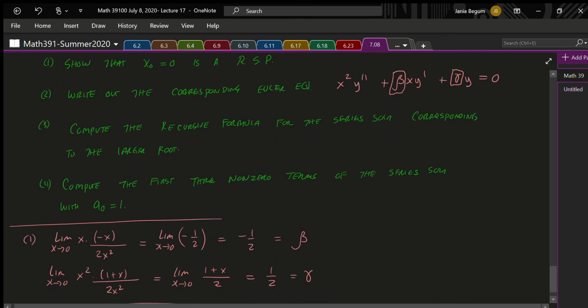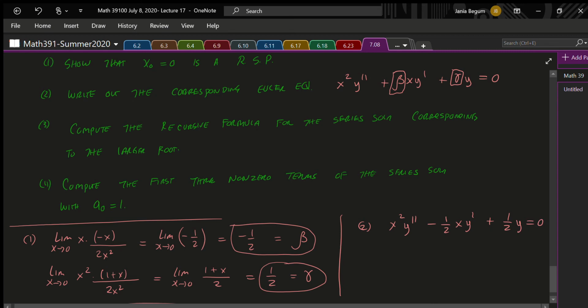Here is beta and here is gamma. For the second part, our corresponding Euler equation is going to be x squared y double prime minus 1/2 x y prime plus 1/2 y equals 0. And there you go. That's the answer to part 2. Any questions on this?